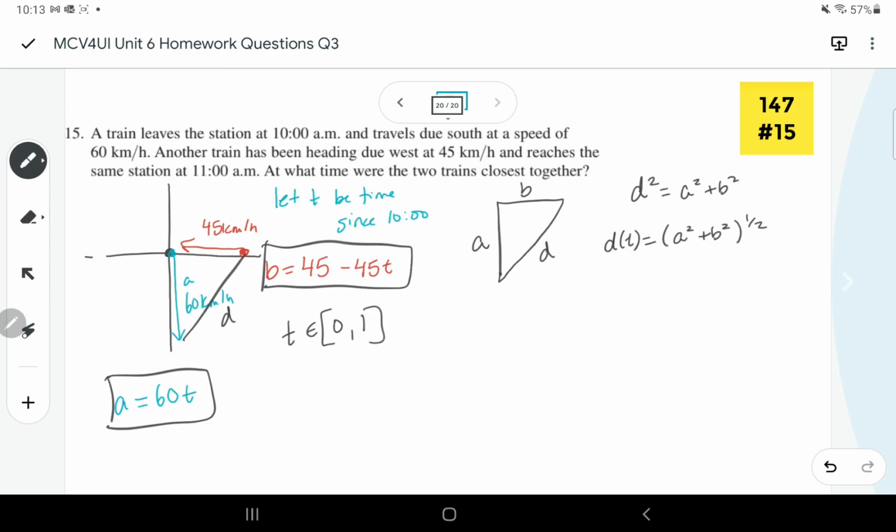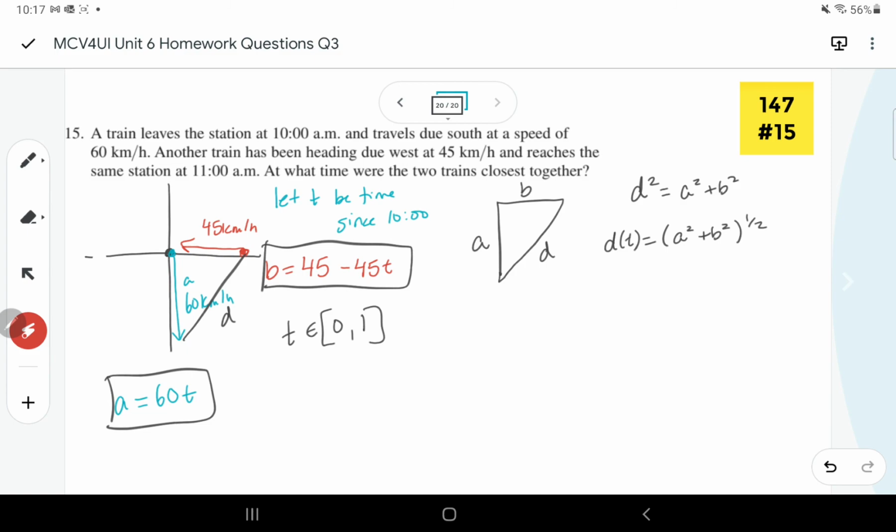I think it's reasonable to restrict that to 1 hour. Because at 1 hour, train A will be 60 kilometers south and train B will be there. They're quite obviously a shorter distance than that right at the start. So that distance would just be growing if they were going out from there.